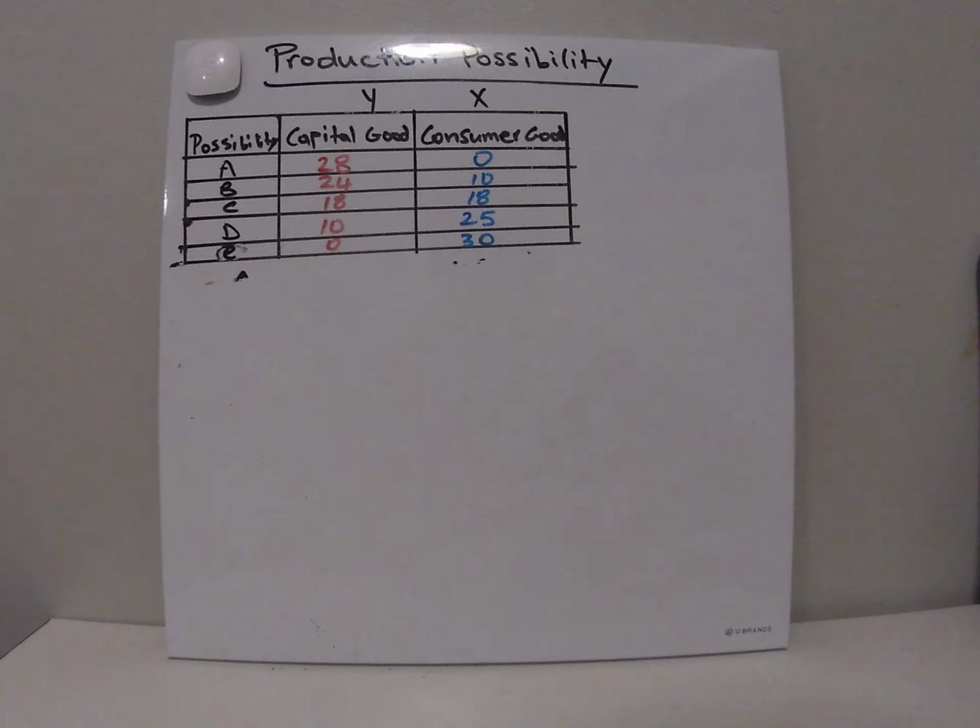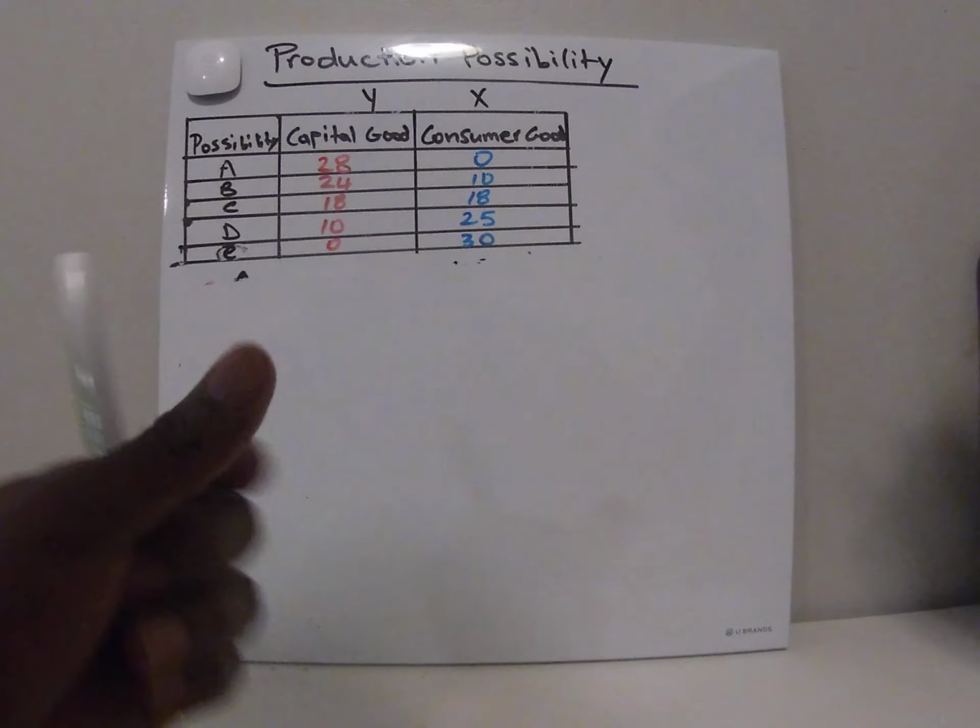Let's assume that we want to calculate the opportunity cost of consumer goods in terms of capital goods between point B to C and C to D. Let's just do point B to C and see what we get.